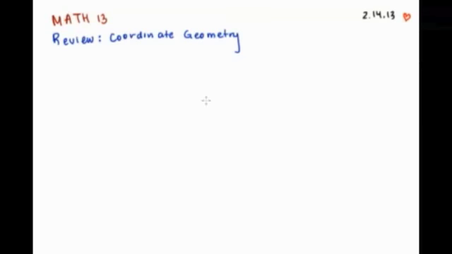This is a simple concept, collinear points, but it helps to know that collinear points are all points that lie on the same line.